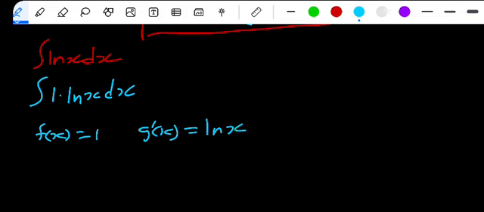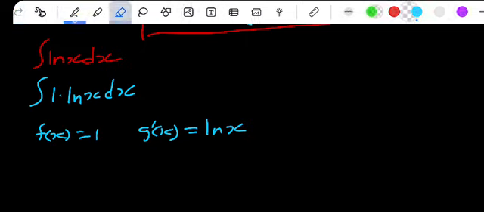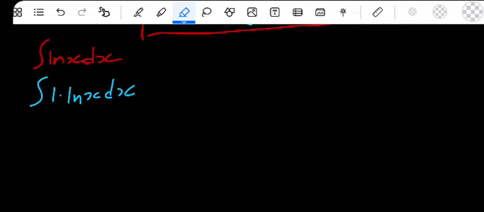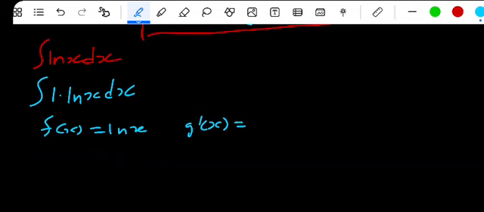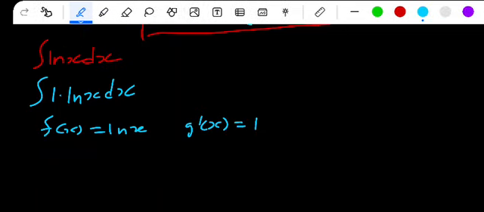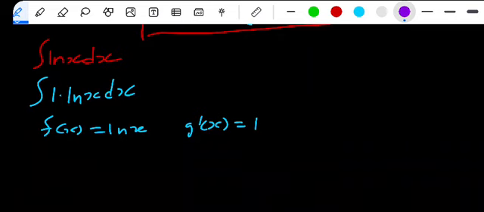Or you can do it the other way, it's up to you. Someone can prefer to let f of x be equal to ln x and g of x be equal to 1. Anyway, it's one and the same thing. Let us just continue with this one and see.